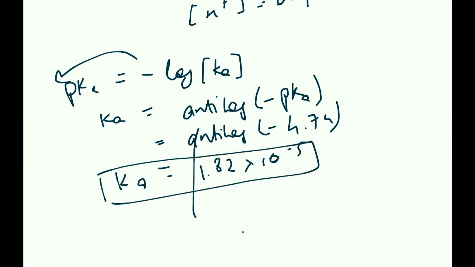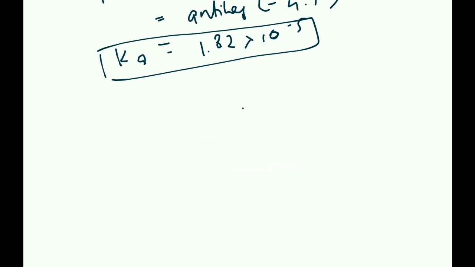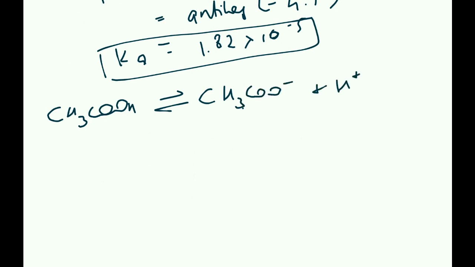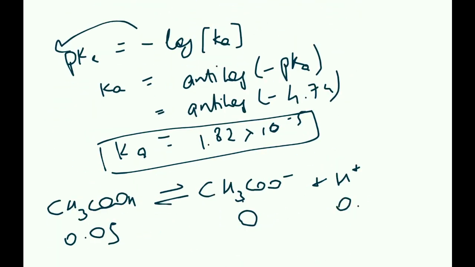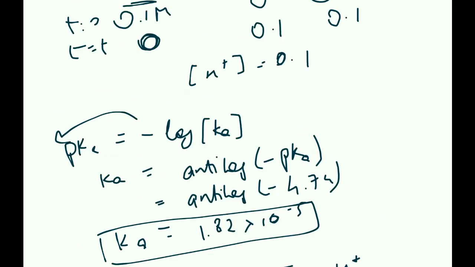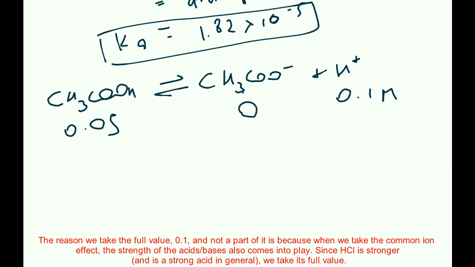Alright, so I can say this is my Ka value. Now let's write the dissociation reaction for acetic acid. CH3COOH dissociates to CH3COO negative plus H plus, doesn't it? Initially we know this concentration is 0.05. This is 0, but H plus from here we know it to be 0.1 molar because HCl is already dissociated, common ion effect comes into play, and you have H plus over here.